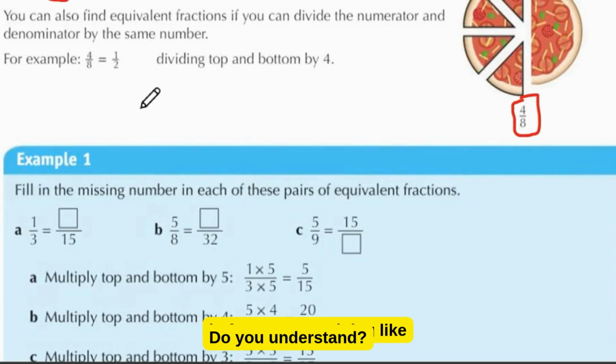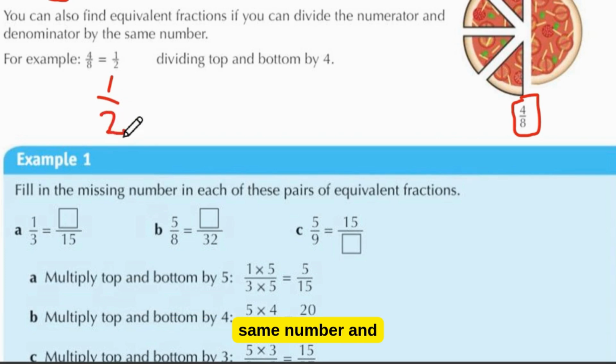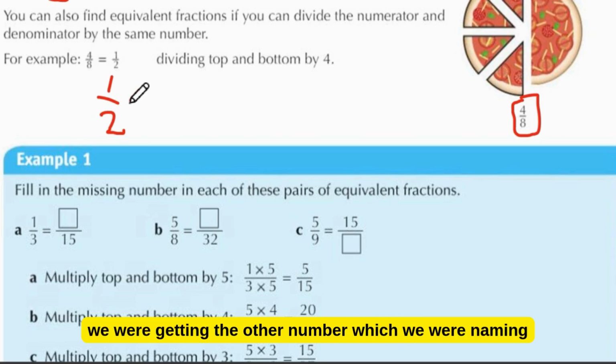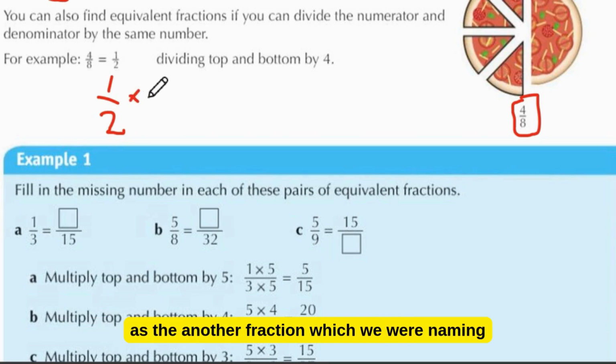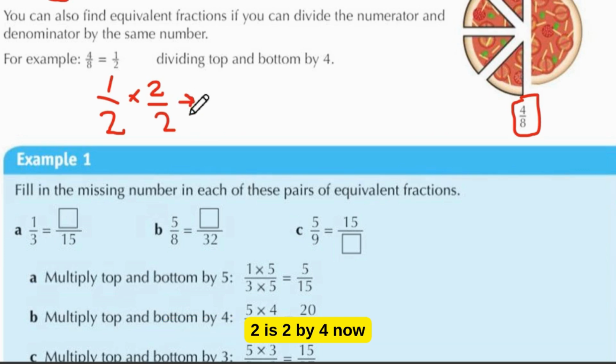Before, we were multiplying the numerator and denominator by the same number, and we were getting another fraction which we were naming as an equivalent fraction, right? For example, the equivalent fraction for 1 by 2 is 2 by 4.